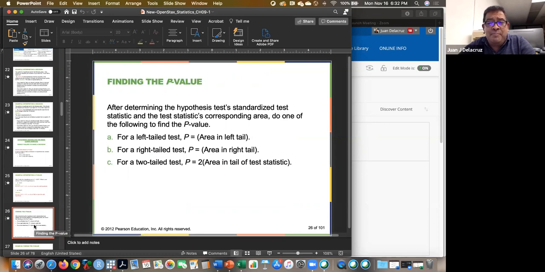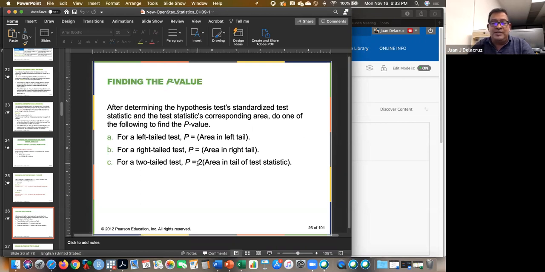After determining the hypothesis test, the standardized test statistic, and the test statistic's corresponding area, do one of the following to find the p-value. For the left tail test, we are going to find the area under the curve in the left tail. For the right tail test, we're going to find the area on the right tail. We need to identify the critical value and measure the area under the curve, and because it's to the right, we have to subtract from 1.